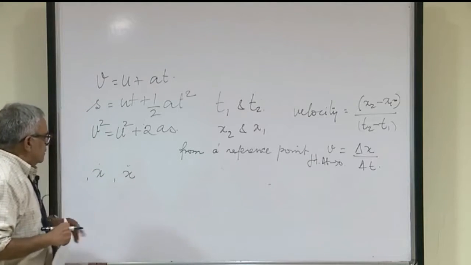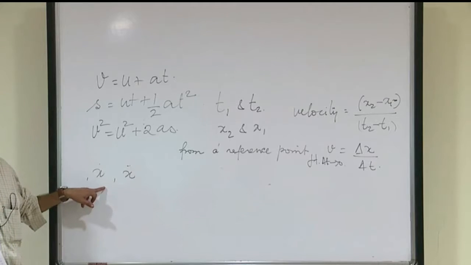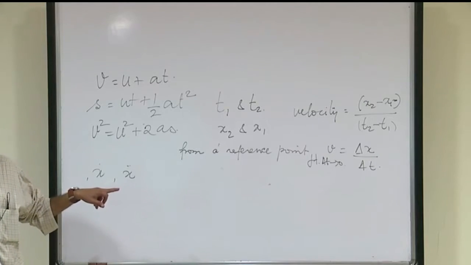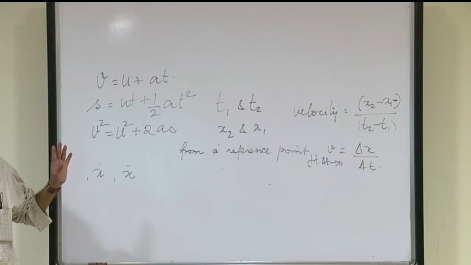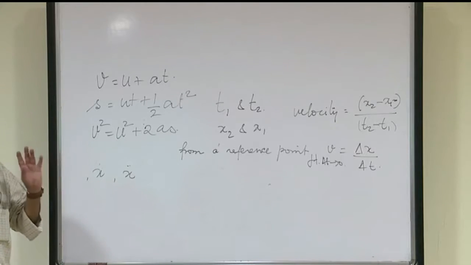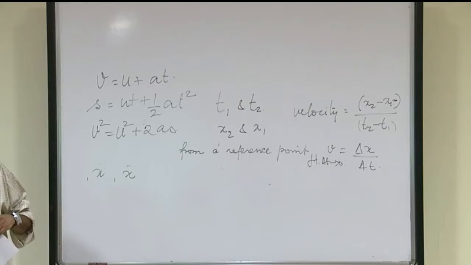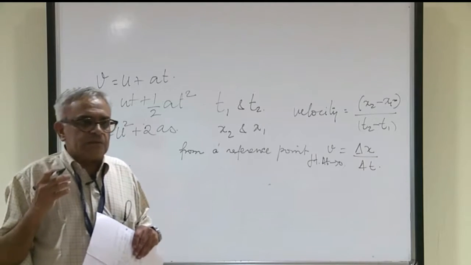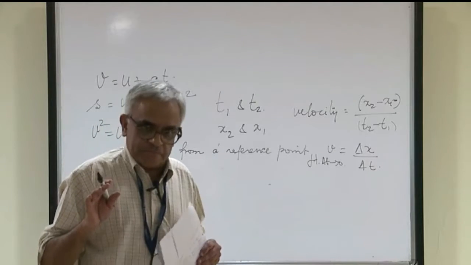So x dot is velocity, and x double dot means d squared x over dt squared, which is nothing but acceleration, right? That is dv over dt, which is d squared x over dt squared. So in scientific notation, a dot means differential with respect to t.